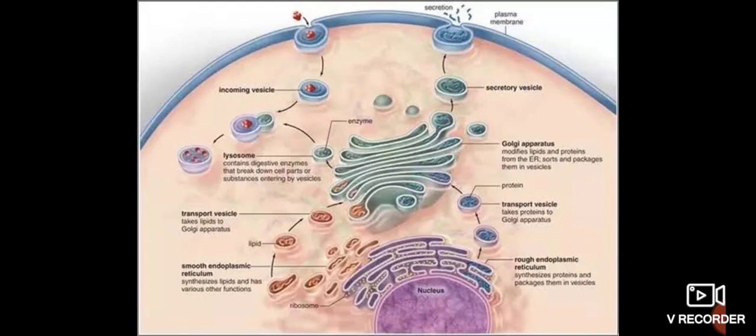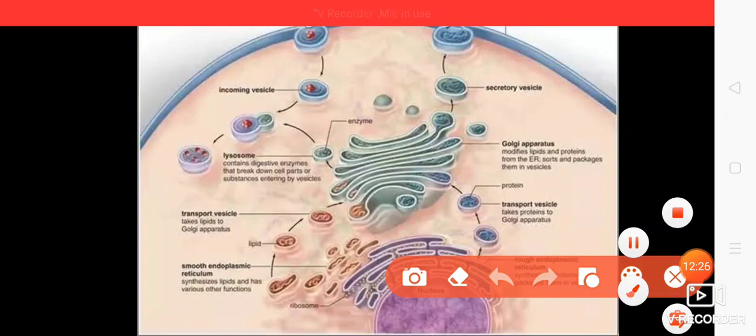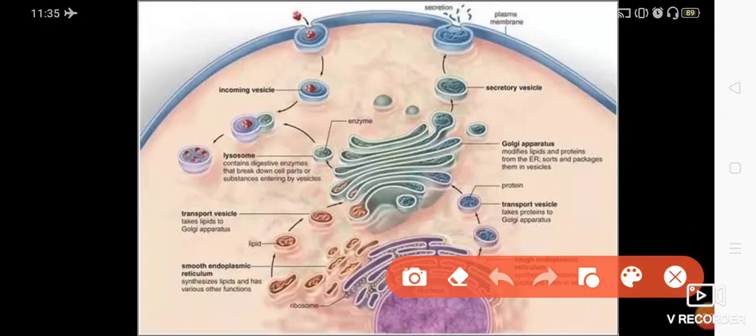Now I think it will be clear to you all how these two are going to work together. See this one. This is your nucleus. With that, your endoplasmic reticulum is connected. These are the rough endoplasmic reticulum. So these will form the proteins, and these proteins will be transported.